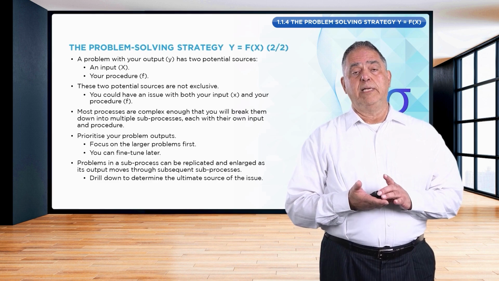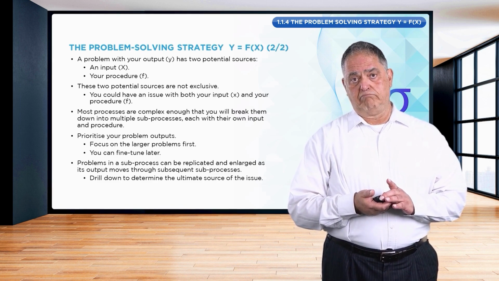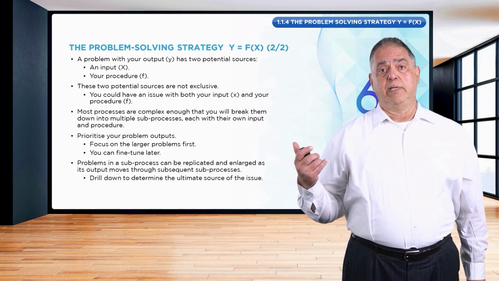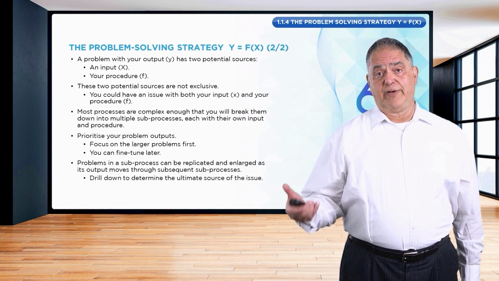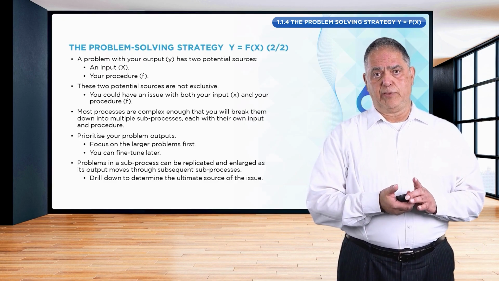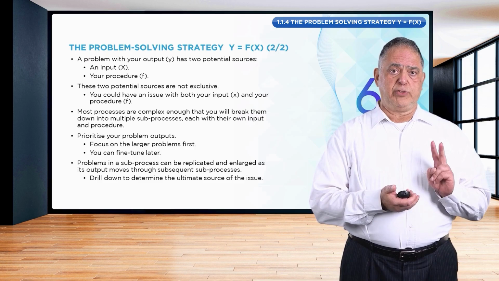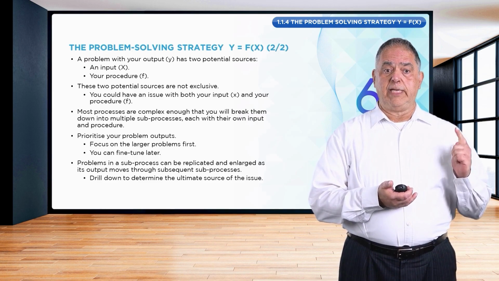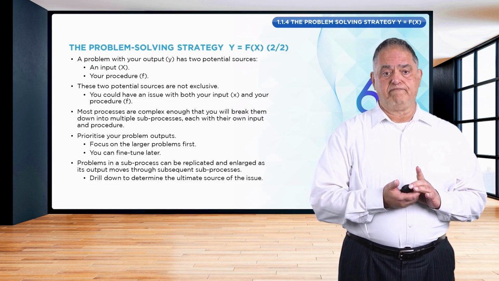So, whenever we have a problem with the process outputs, for example, if the process outputs indicate signs of excess variation that is outside of the customer specification limits, then we have to look at two potential sources of the problem: an input and the procedure, which is the function.